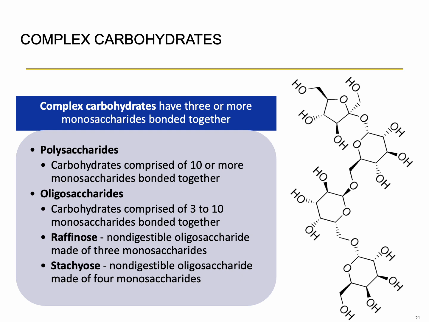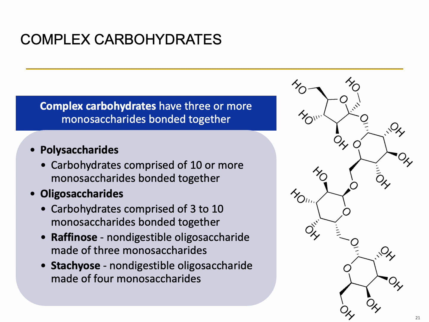So just a couple of important definitions here. We talked about mono and disaccharides, which are the simple carbohydrates, right? One or two sugar units joined together. And here we're talking about complex carbohydrates. So the broad category is polysaccharides, anything where you have three or more monosaccharides bonded together.